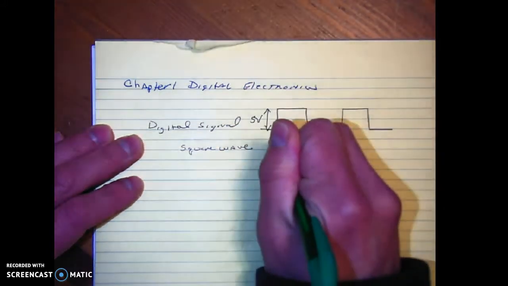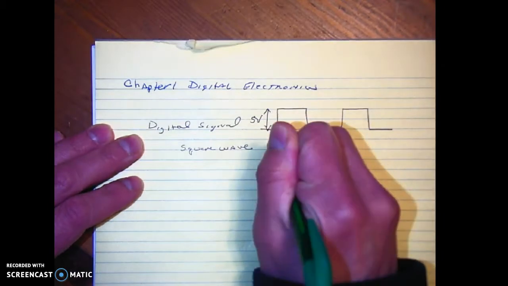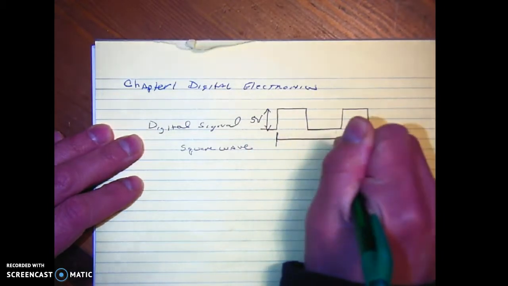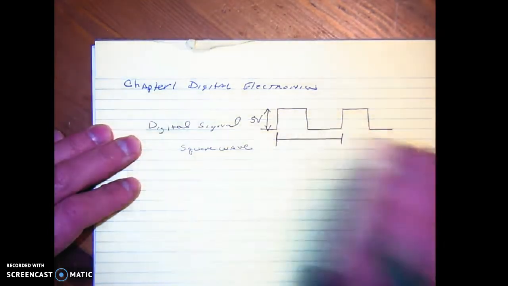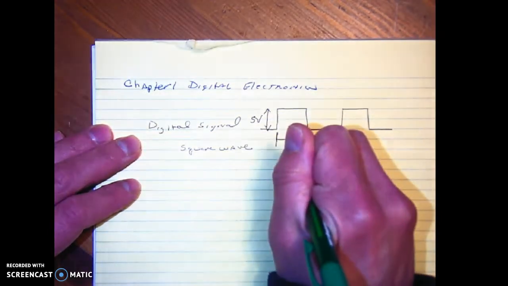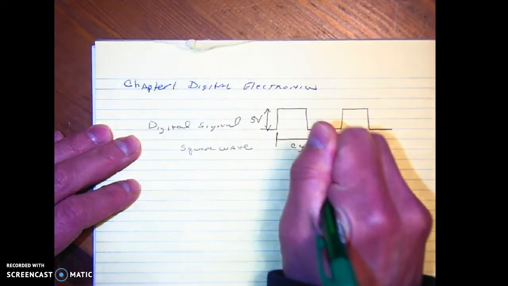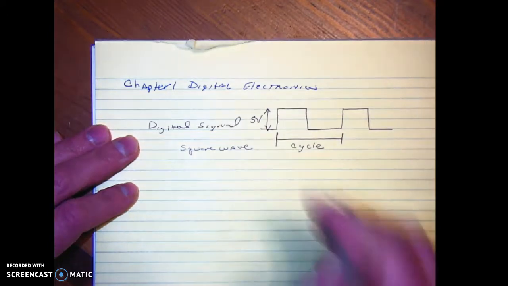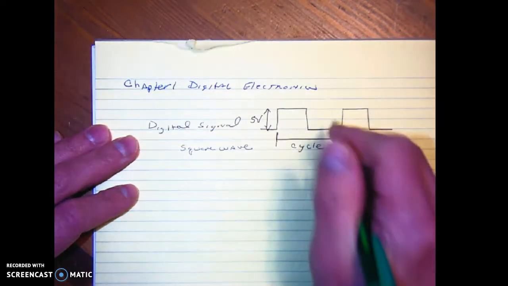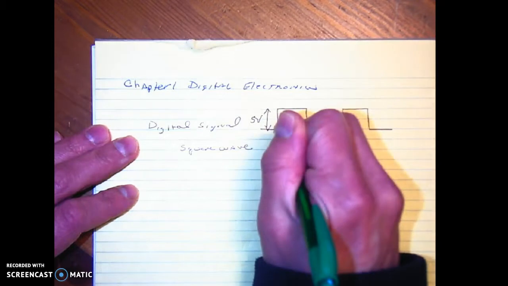And it has some sort of pulse width, some sort of cycle, and it actually has a pulse width.